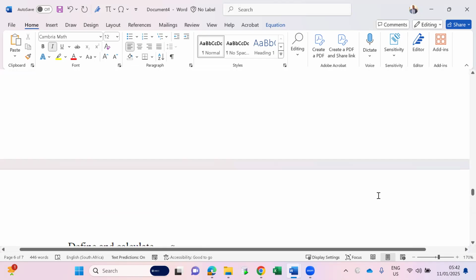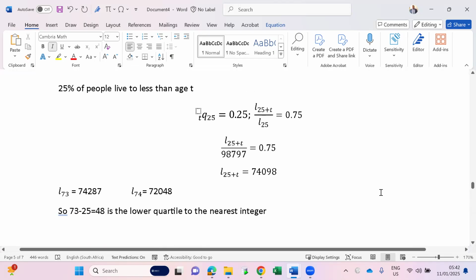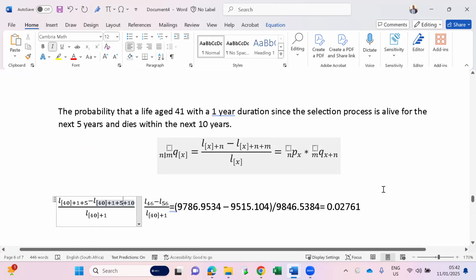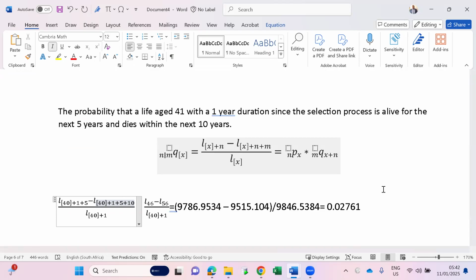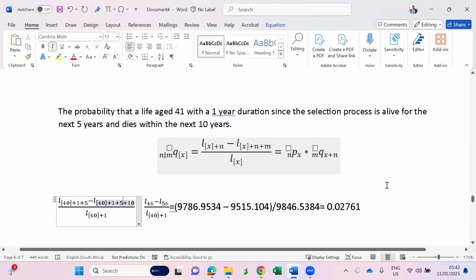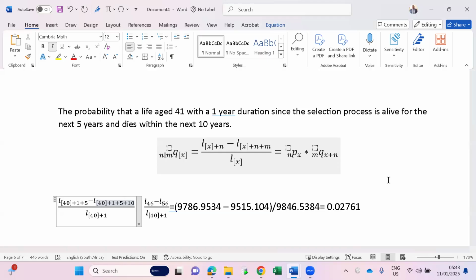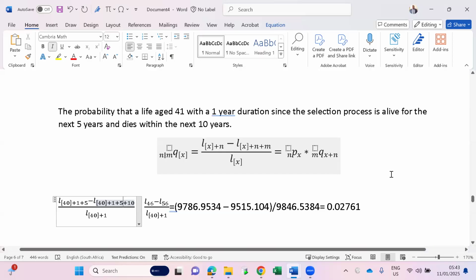When you're choosing select values, it's a bit tricky because your LX40, your L40 plus 1, won't be in row 40, but it will be in row 41 because it's written as LX plus 1. So that is the trick. You'll just find it in row 41, not in row 40 plus 1.